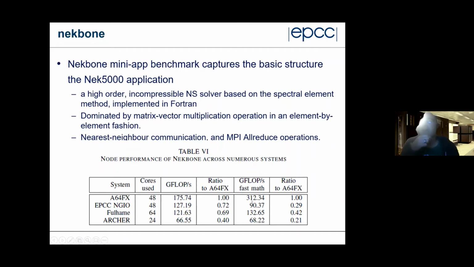We don't see the same benefits on the other systems. Interestingly, the EPCC NGIO and the Intel Cascade Lake go slower if we turn on some of the fast maths optimizations in that compiler.